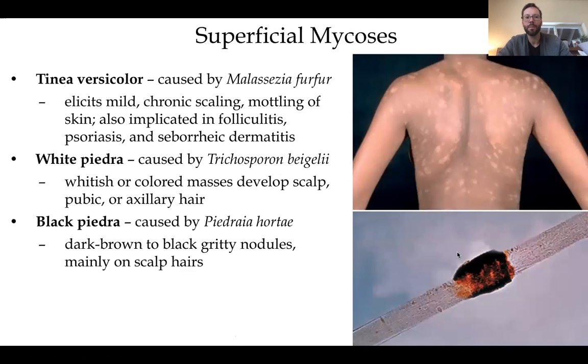Superficial mycoses. So it's going to actually cause discoloration of the skin in the case of tinea versicolor. I think there's another word for this called holly rot. I think that's what they call it in Hawaii, where you get this discoloration in your skin, and it's a fungal infection.